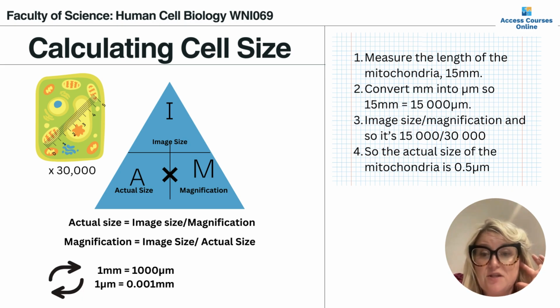And so to work out the actual size, we're going to do our image size divided by magnification. So in this case, it's 15,000 micrometers divided by 30,000. And so the actual size of the mitochondria is 0.5 micrometers, which actually is within the limit of what you'd expect it to be.